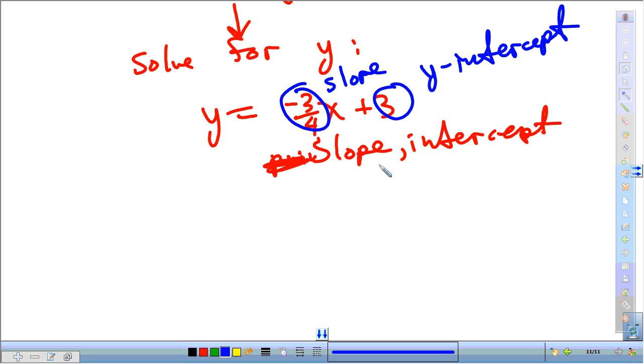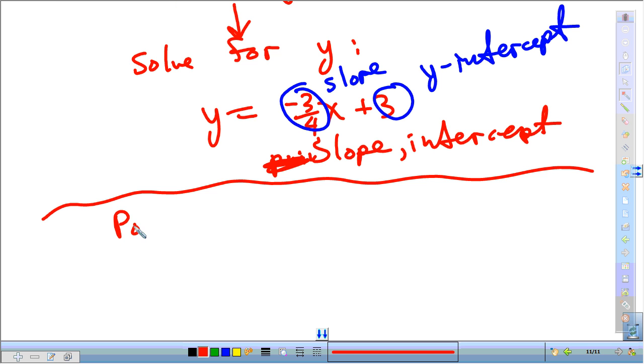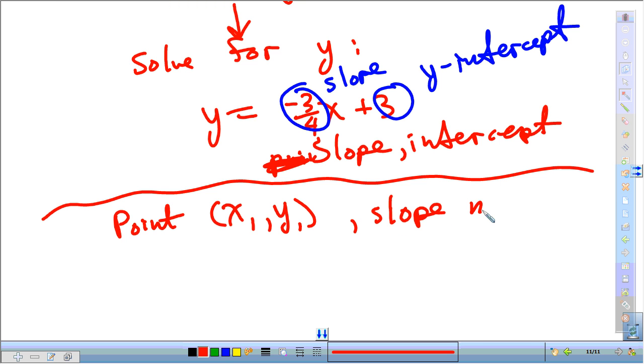One other useful form of an equation of a line is if you have a point and the slope. Then you could write down the equation: y minus the y coordinate of the point is equal to m times x minus the x coordinate of the point.